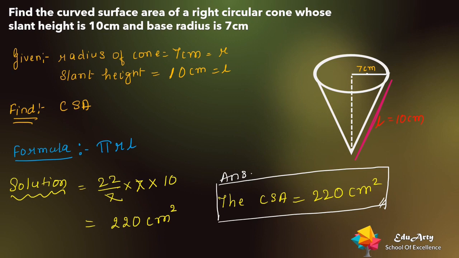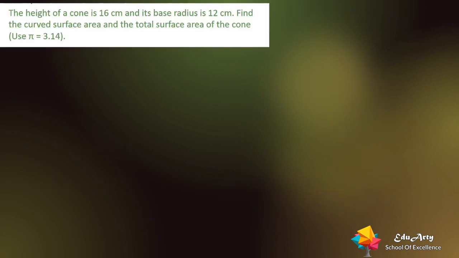Okay, come on, let's see what is our next question. The height of a cone is 16 centimeters and its base radius is 12 centimeters. All this is possible to imagine neatly, correctly, without any errors, only when you draw the diagram. So first in place, let us draw the diagram.